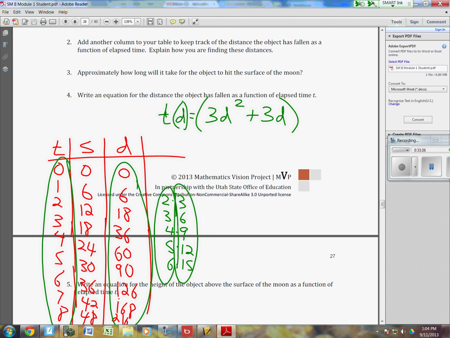Okay, and this was step 1. Step 1, I had a 2. So the difference between these terms is all 1. The difference between those terms is 3. So this one was 1d, because the difference is 1.